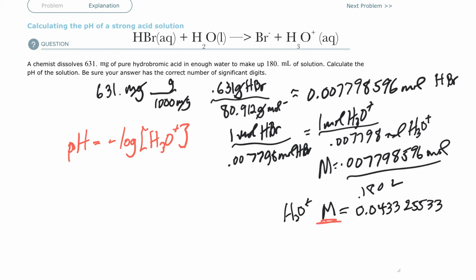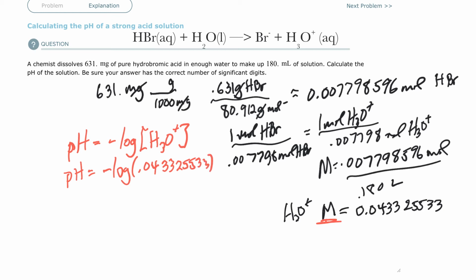Okay, your molarity is the concentration, so it's going to be the pH equals negative log of 0.043325533.